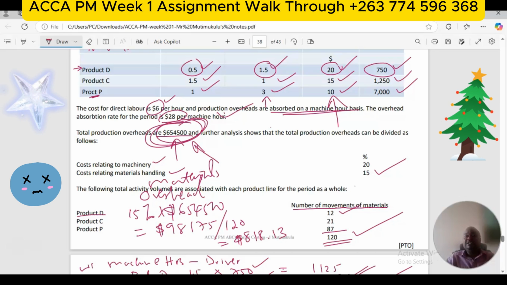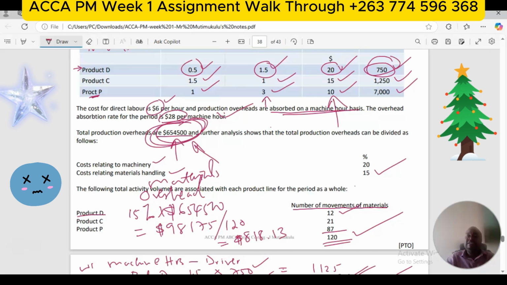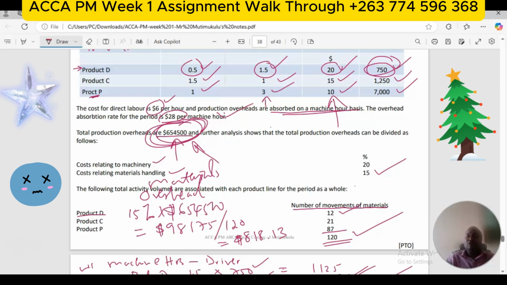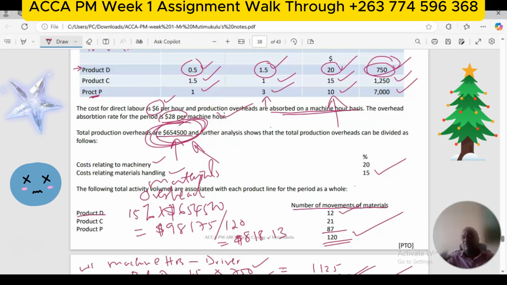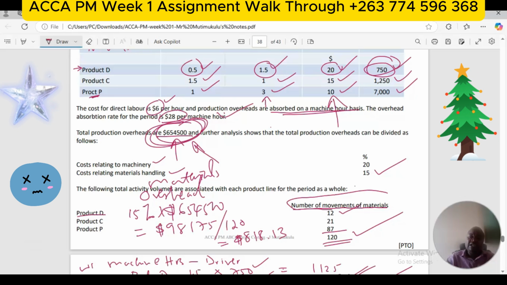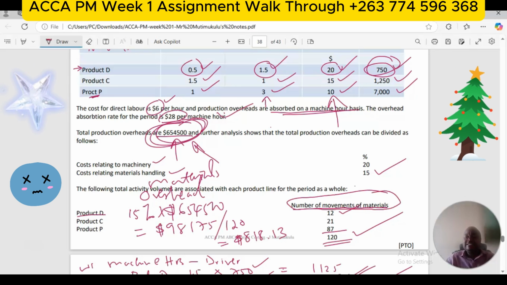Which means the 750 items altogether were done in 12 movements. So you can't multiply the cost per movement by the total number of units produced, because here we are getting the information that each product had these total movements.